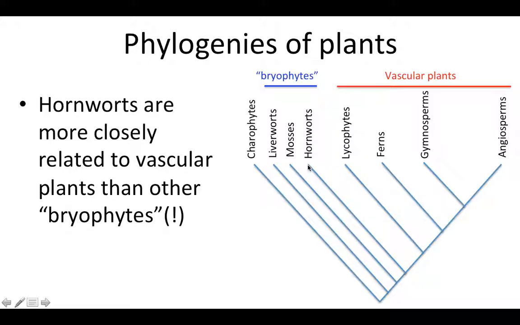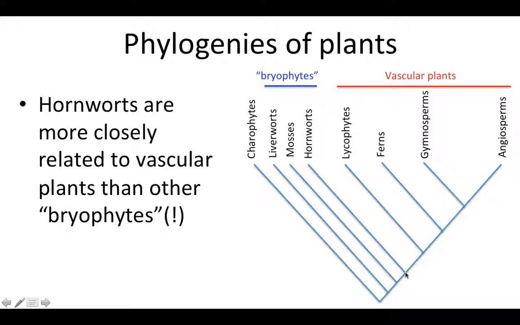So here you can see why that is. If we follow the hornwort lineage back to a common ancestor, that common ancestor is right here. And you can see that then this common ancestor also goes to this group that includes the lycophytes, ferns, gymnosperms, and angiosperms.